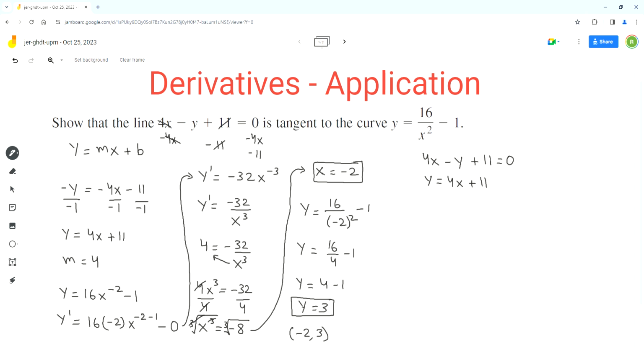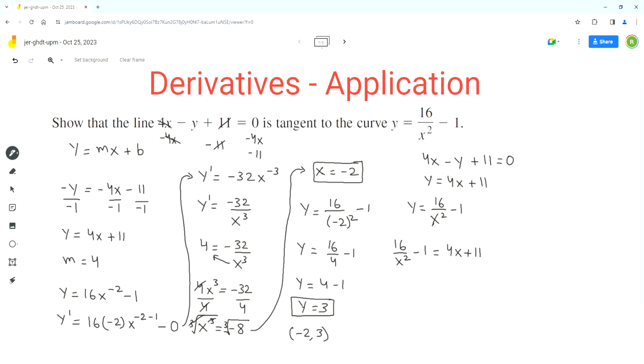And the equation of the curve is y equals 16 over x squared minus 1. So we find the point of intersection by making the two equations equal to each other. So we get 16 over x squared minus 1 equals 4x plus 11.